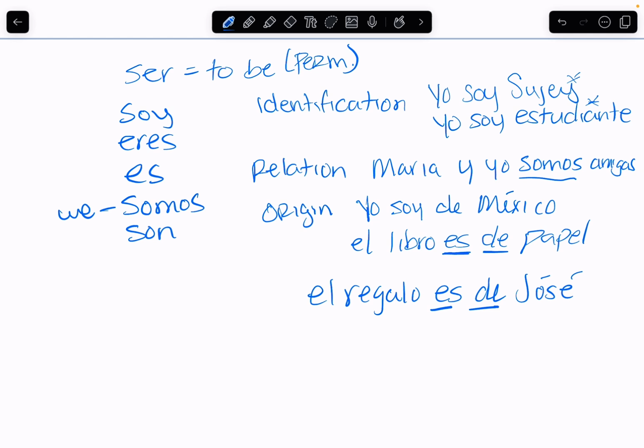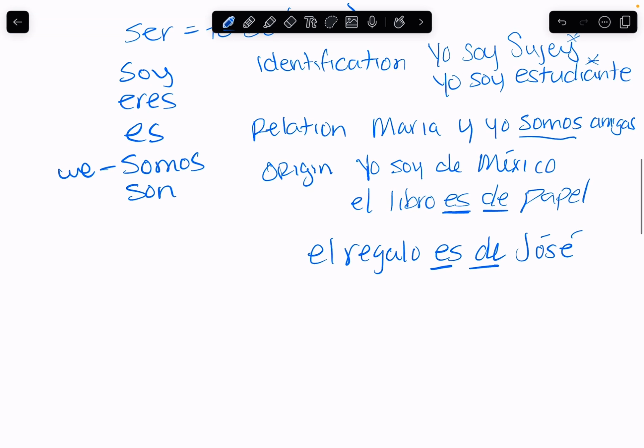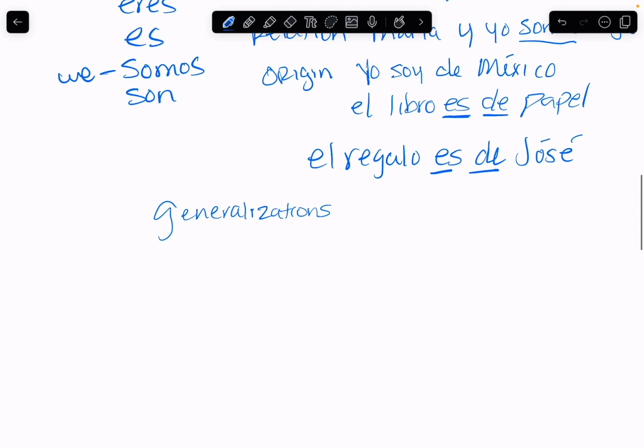So we talked about identification, description, origin, generalizations. Generalizations. So if you say something like es importante estudiar.